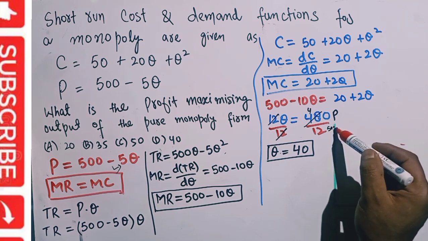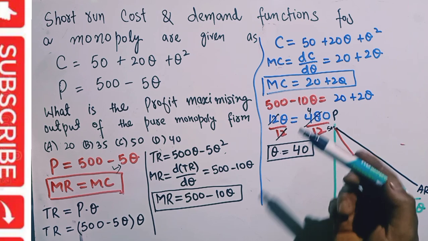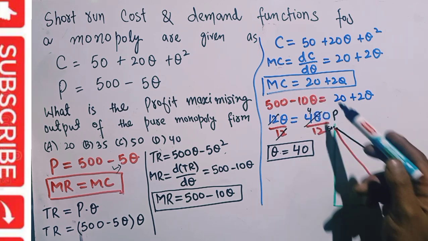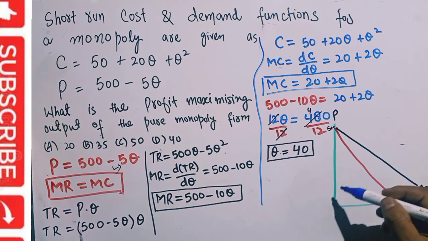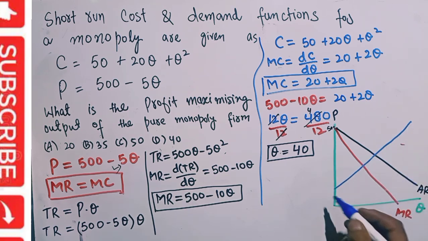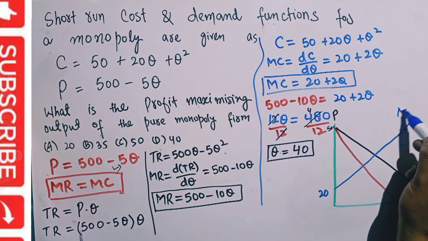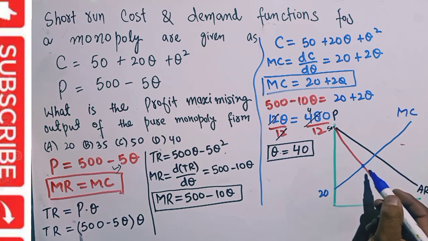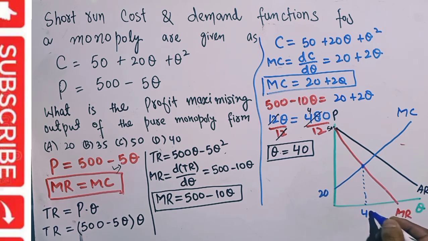From this we find out the marginal revenue function, that is MR function. From cost function we got the marginal cost function, that is 20 plus 2q, and let's draw it here. Let us say this is 20 here. So profit maximizing condition was that marginal revenue and marginal cost functions should intersect with each other, and they intersect at this point at an output level of 40.